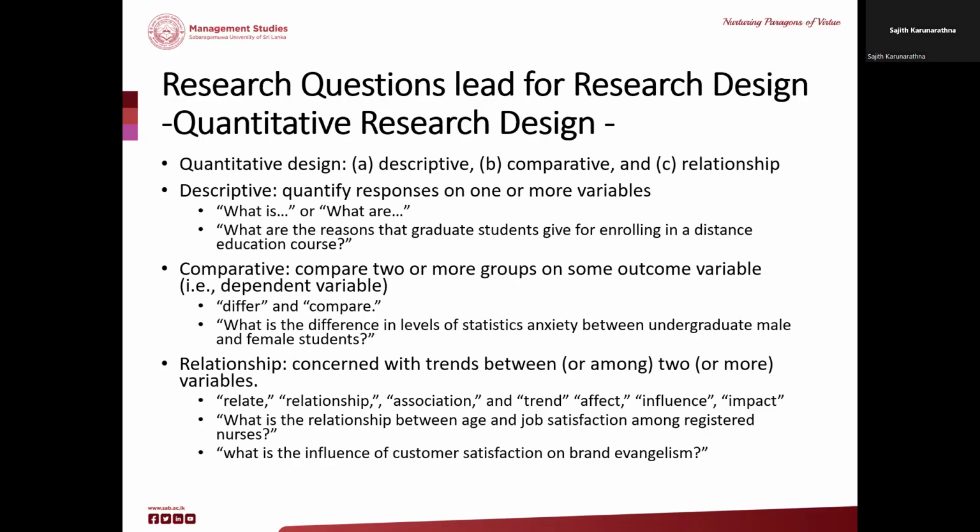Likewise, a description is required, that is descriptively bounded research questions. Those come under quantitative again. For example, what are the reasons that graduate students give for enrolling in a distance education course? Here, we quantify responses on 1 or more variables.